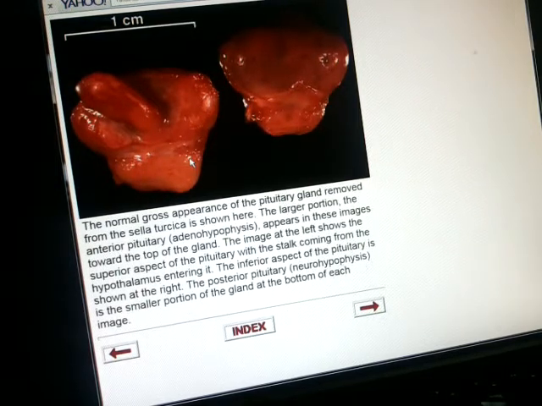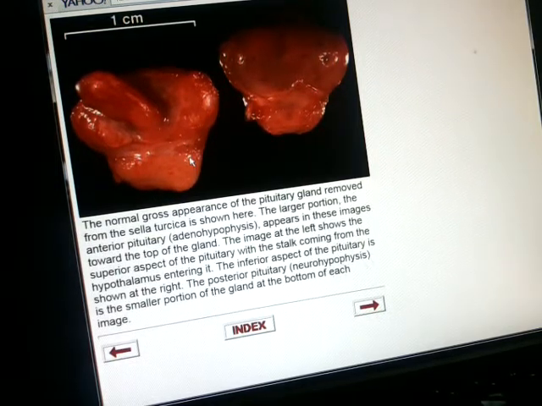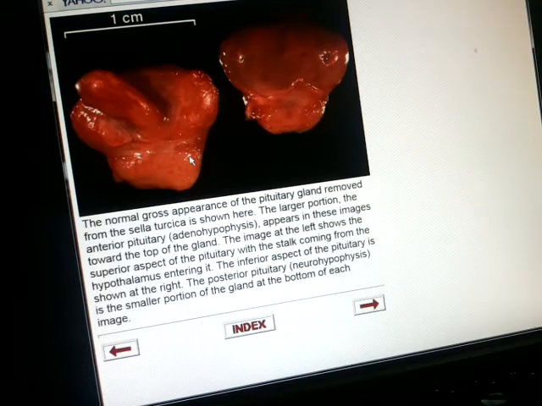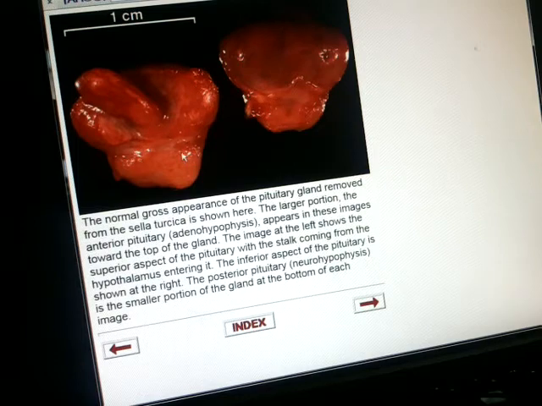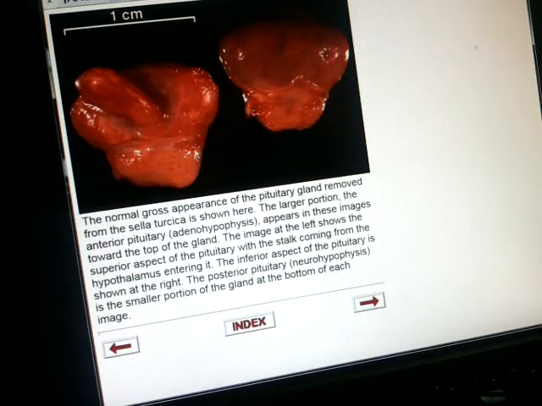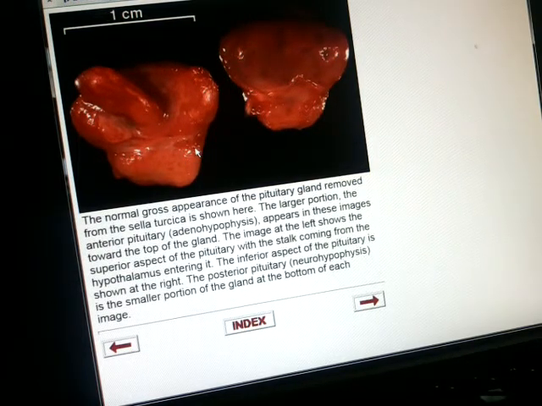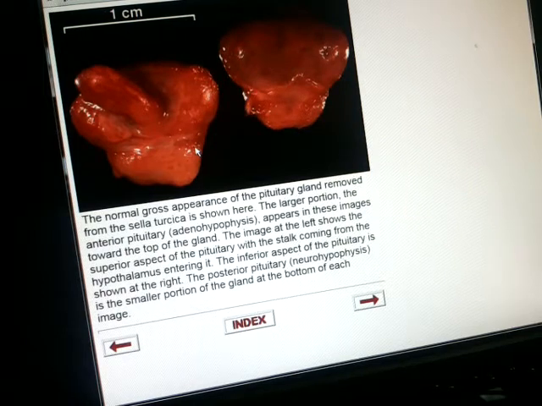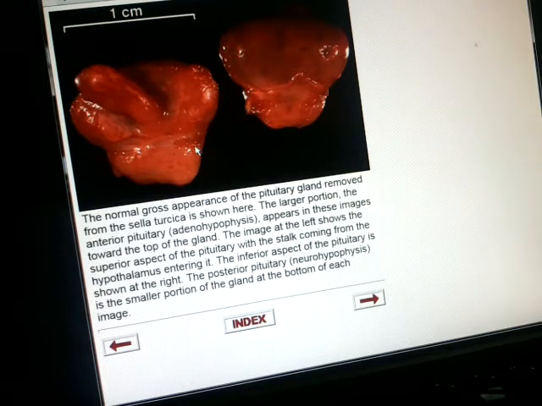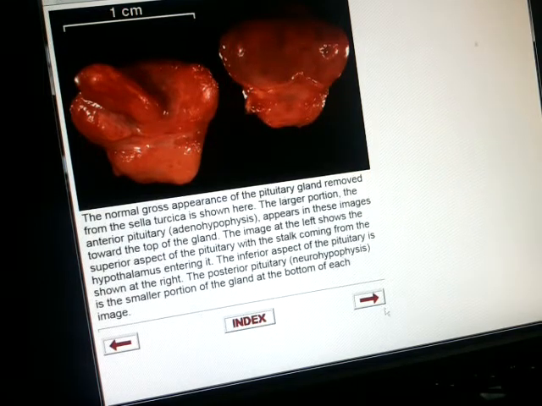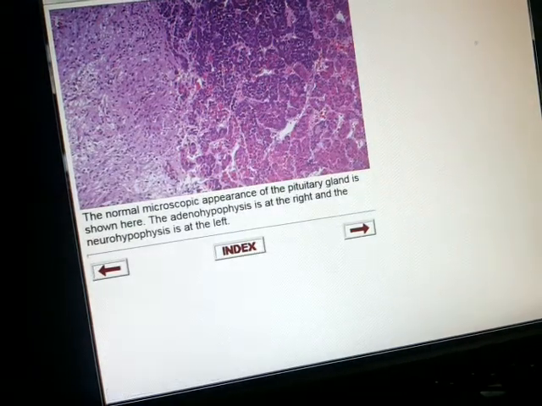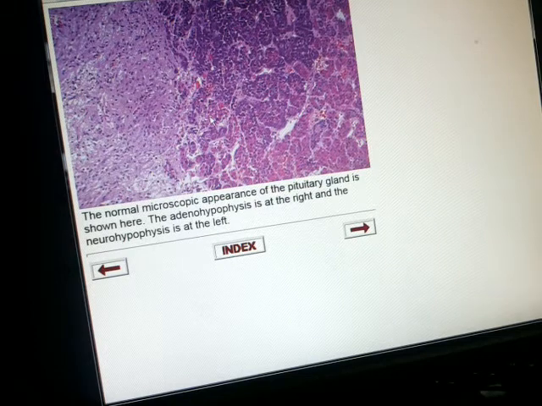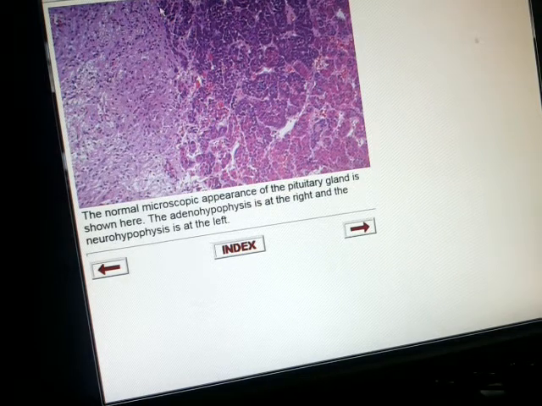Adeno means gland, due to the secretory action of the anterior pituitary gland, while the posterior lobe is known as neurohypophysis because there are no endocrine cells secreting hormones. It's just neural tissue. This is the microscopic appearance of the pituitary gland.